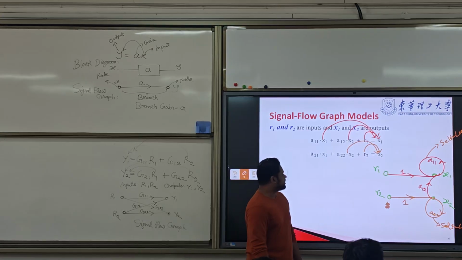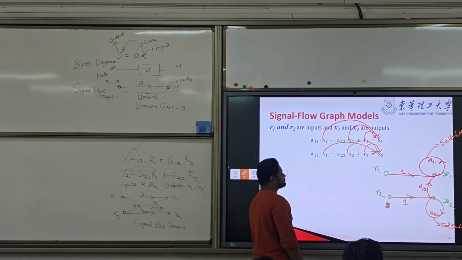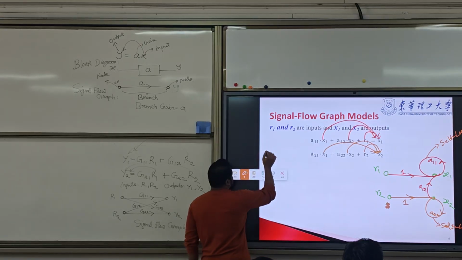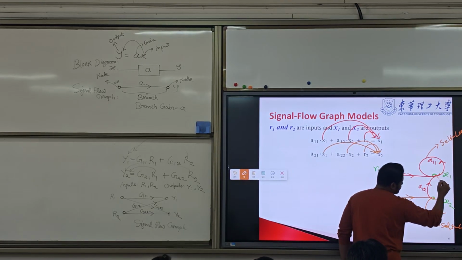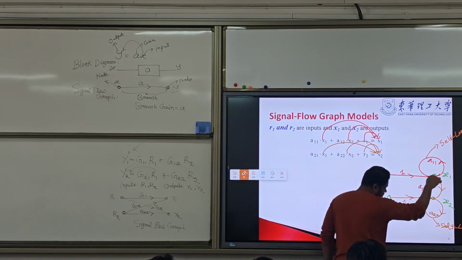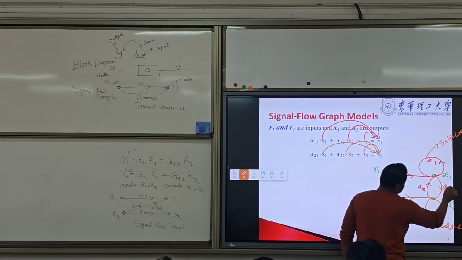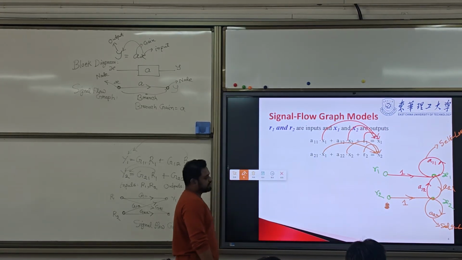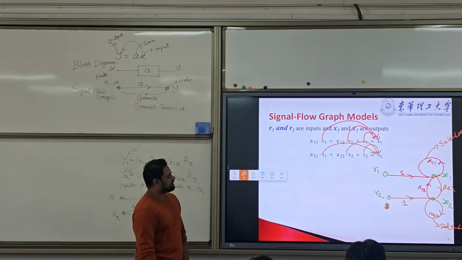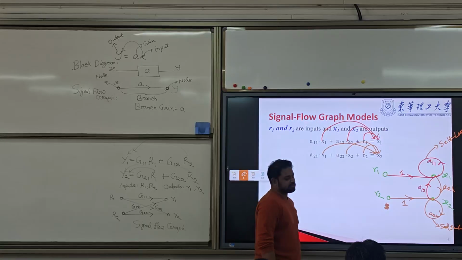The third one is X1 flowing to X2, in the downward direction, with a gain of A21. So that's another signal flow graph for these two equations.